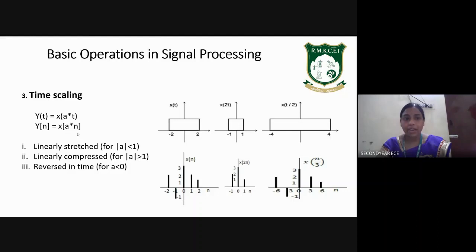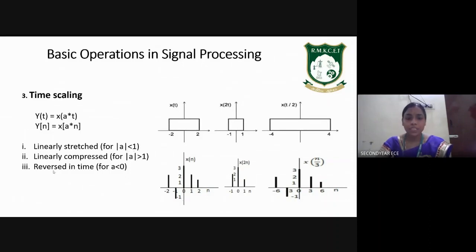This a may be greater than 1 and this a may be less than 1. If it is greater than 1, it means 2, 3, 4, 5, 6, those values come under here. And also minus 1, minus 2, minus 3 come under the magnitude of a greater than 1, where the signal is called linearly compressed, and linearly stretched for the magnitude of a less than 1.